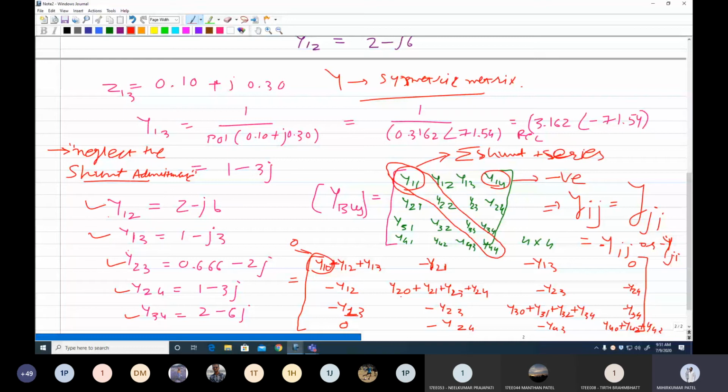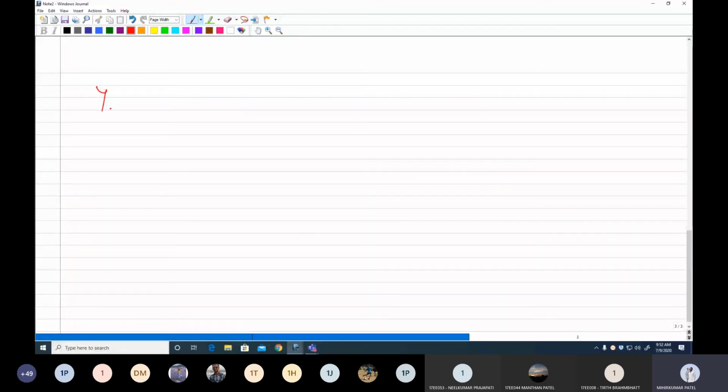Formulate your final answer. So the Y-bus matrix: what will be the final answer? y11 is equal to 3 minus j9. Very good.